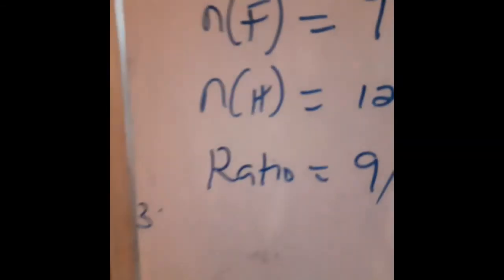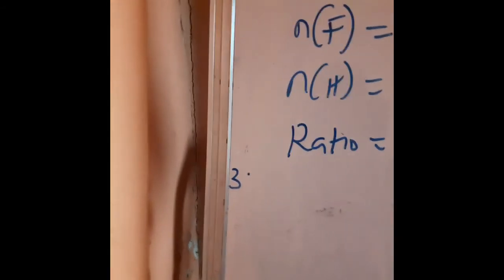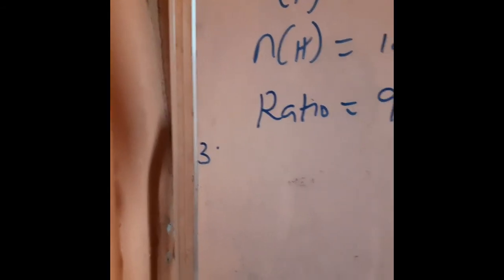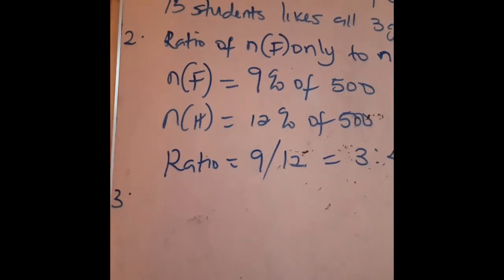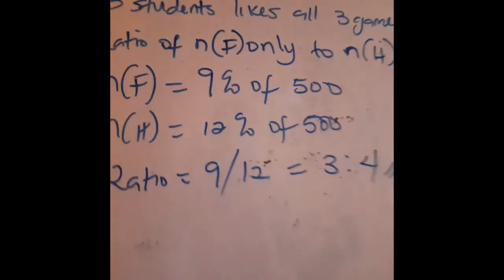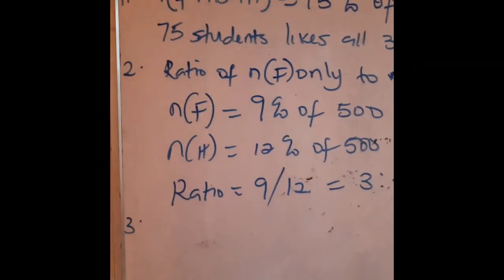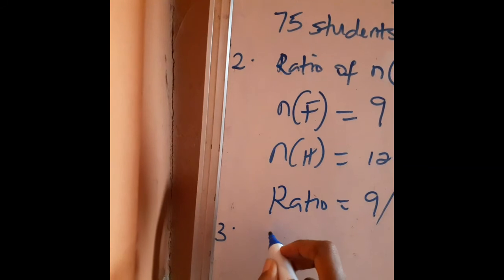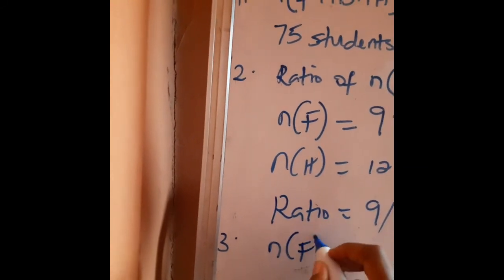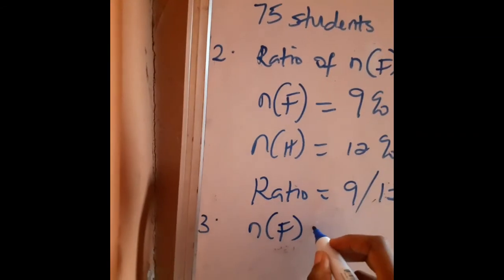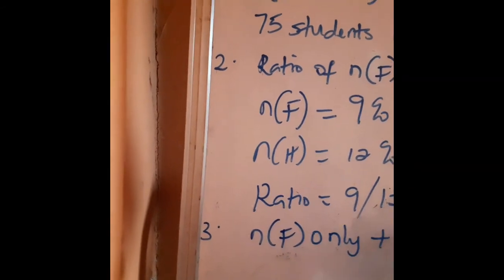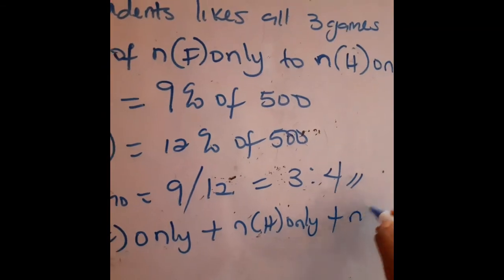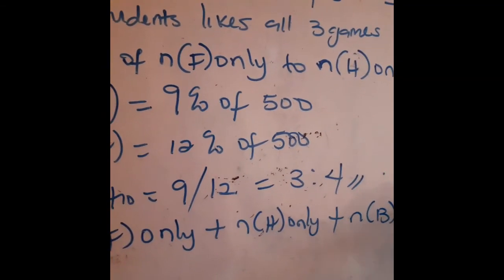So the last question says we should find the number of students who like watching only one of the 3 games, only one. That is, we are finding the number of students who like football only, plus the number of students who like hockey only, plus the number of students who like basketball only.